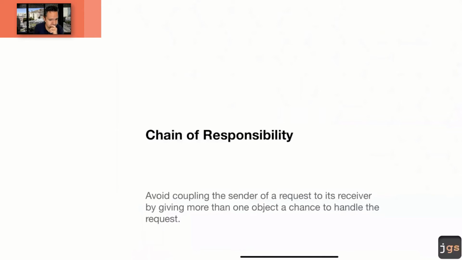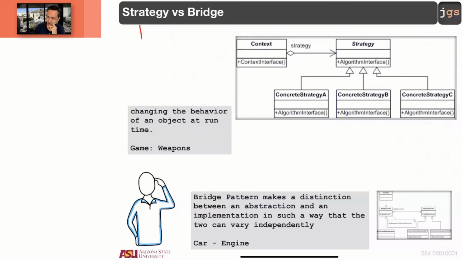Another one. By the way, I forgot to answer bridge and strategy. In which category are they? They are behavioral patterns, creational patterns, structural patterns. Remember that we reviewed creational, the singleton, the factory, the builder, and then we moved to the behavioral ones.